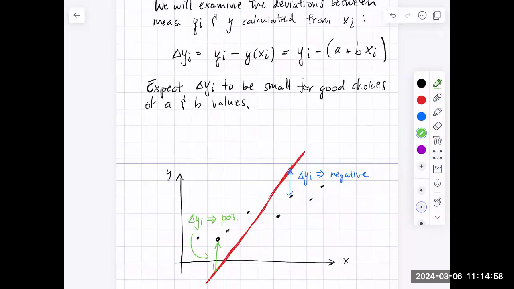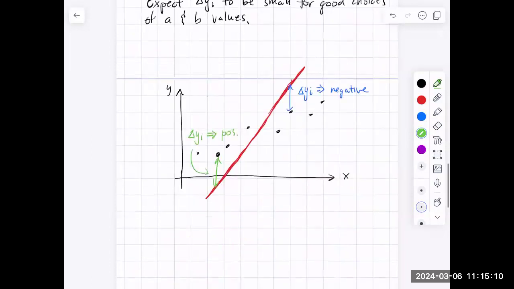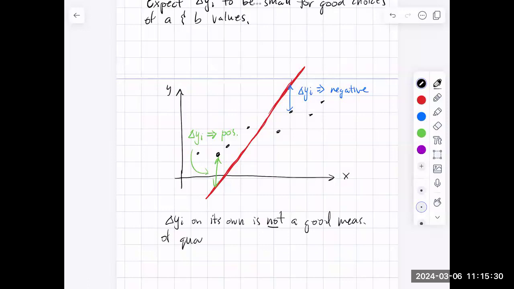And so that's not really a good metric, because I can have what's obviously a poor fit that does a decent job of making the sum of these deviations small. And so that's not what we're looking for. So delta yi on its own is not a good measure of a quality of fit.